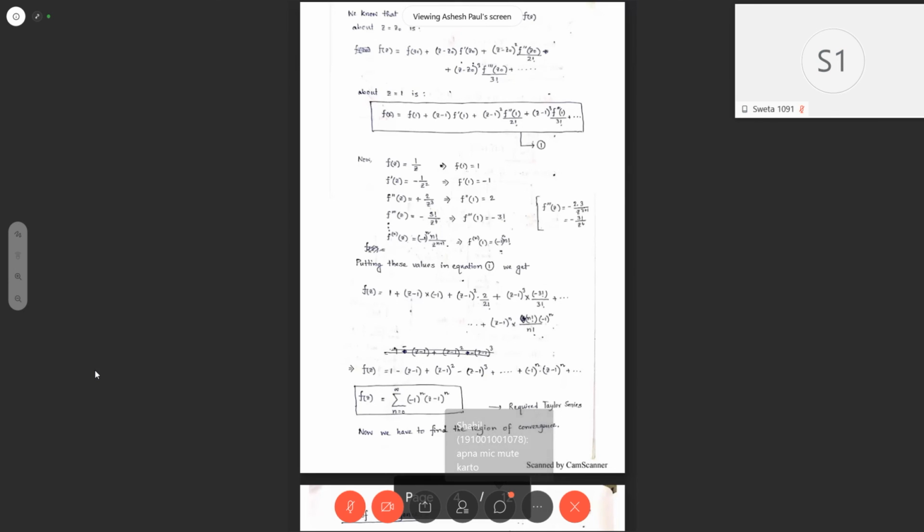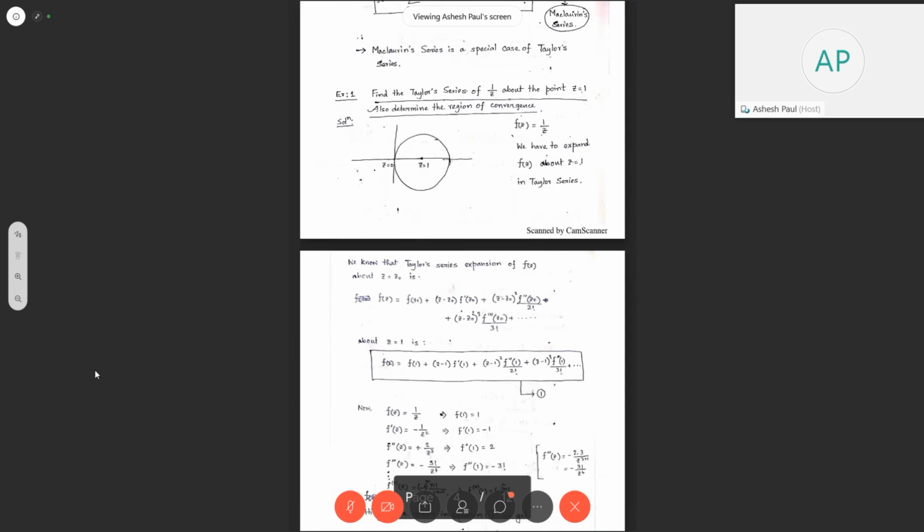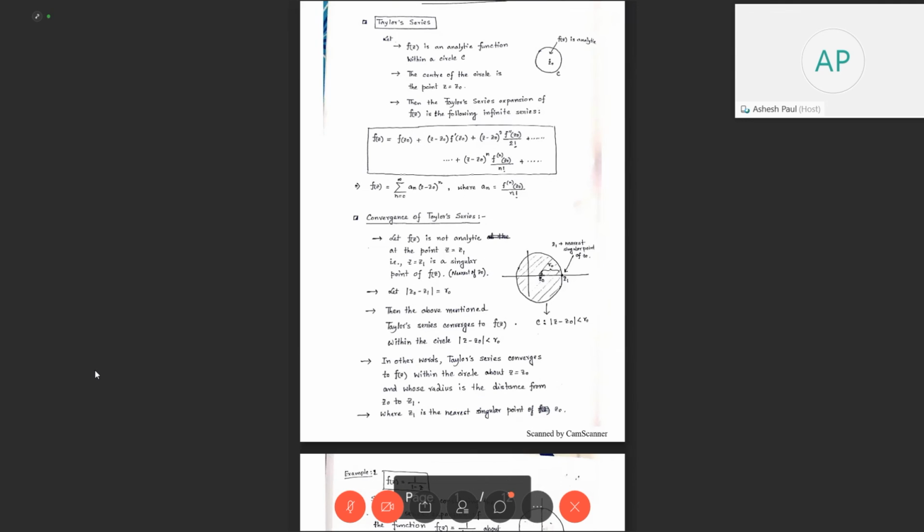Region of convergence is, I have already stated this. I'm going to the first page. The region, the circle: mod z minus z0 less than r0. That is this circle, in which the Taylor series converges to f(z).